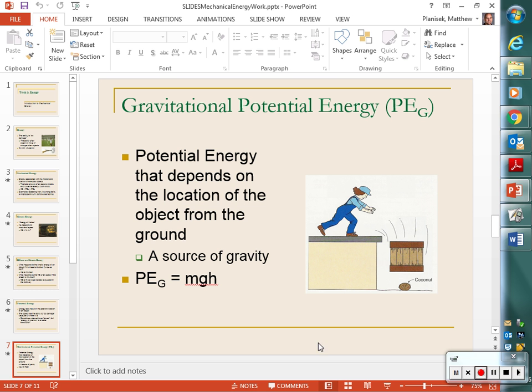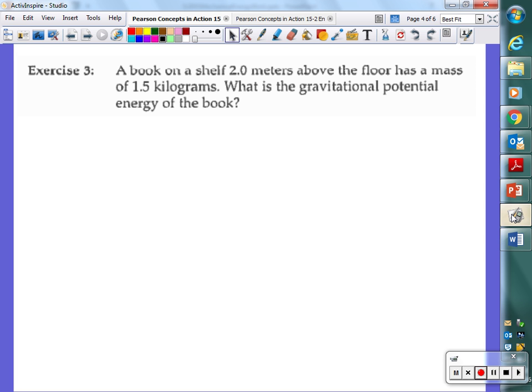Did we get through this calculation yesterday? I can't remember. Oh, the units? Okay. So, just to recap, it's asking us what is the gravitational potential energy. So, like we said, PE_G is equal to M times G times H, right?